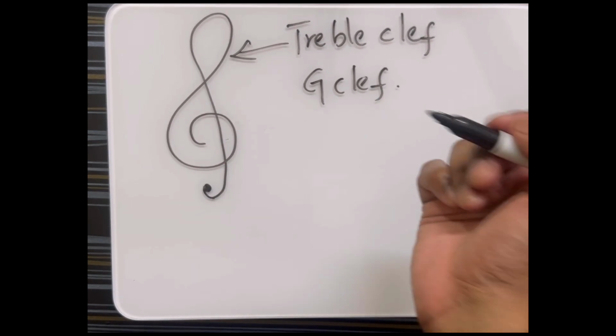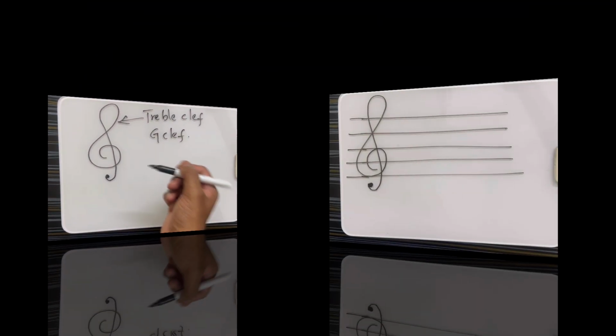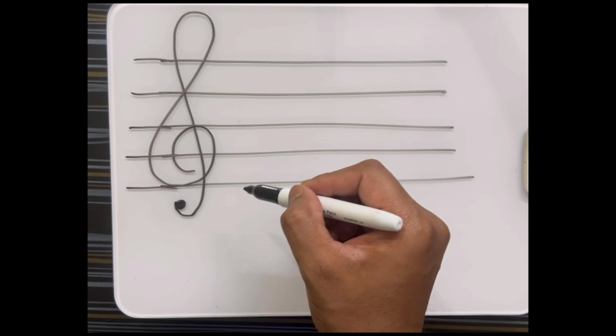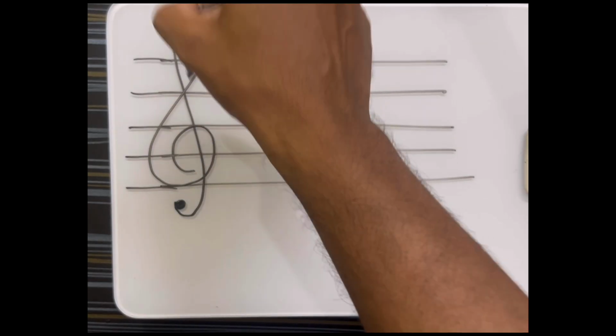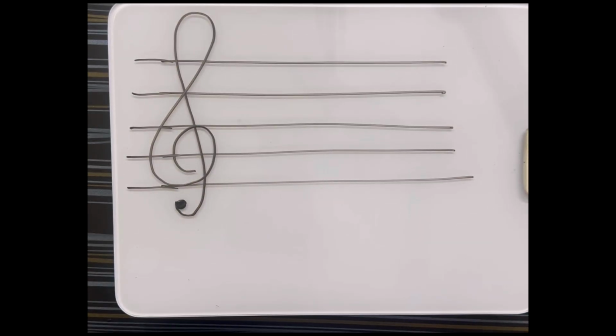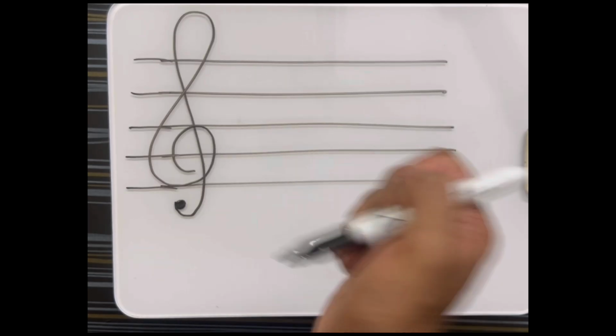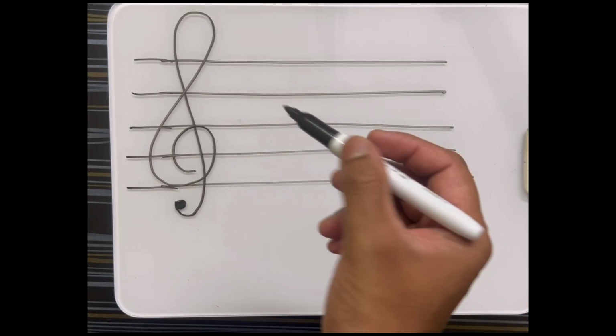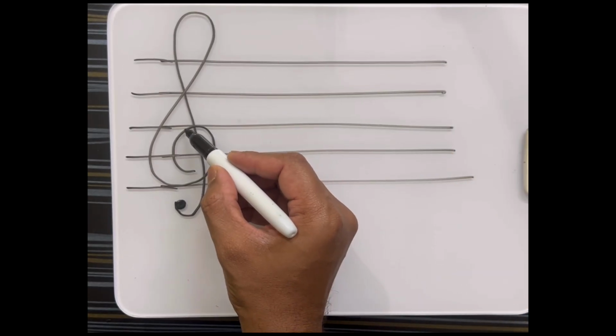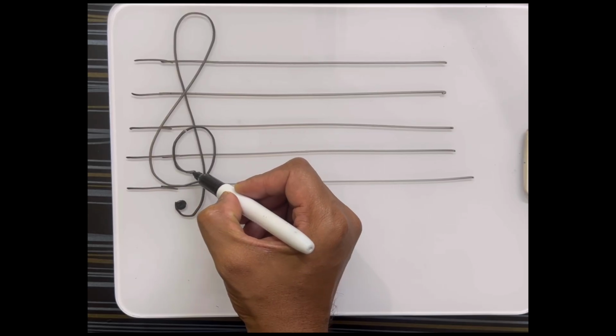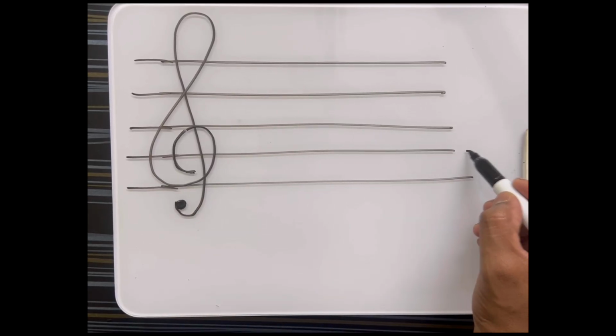I'll explain why it is called G-Clef. See, the same 5 lines, and the treble clef is now drawn on the line. Why is it called G-Clef? Because this treble clef comes and ends at the line called G.